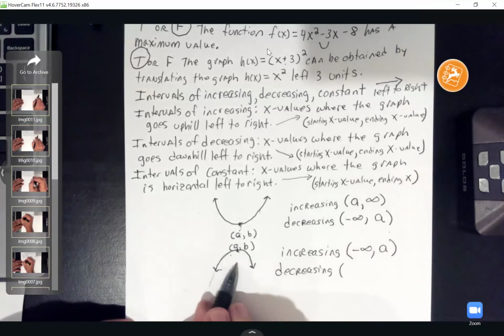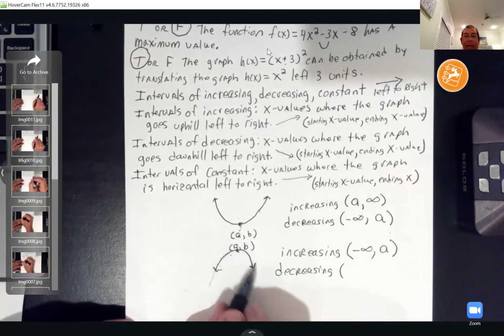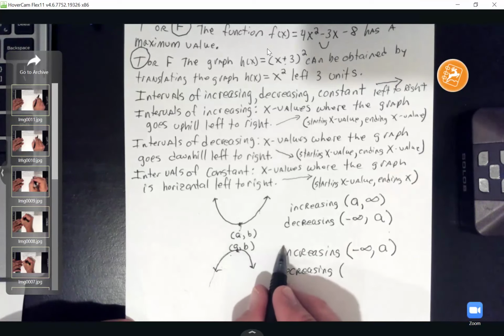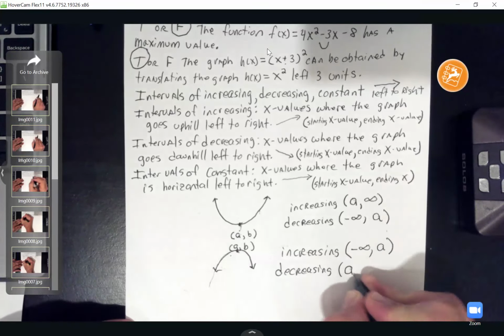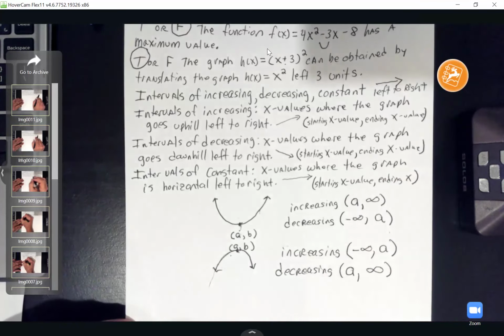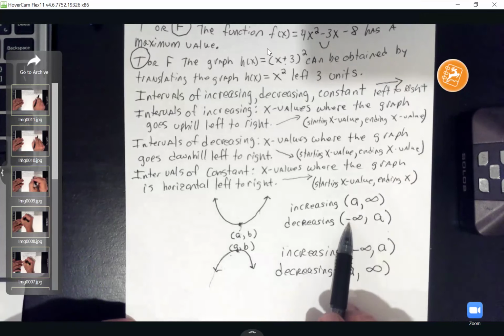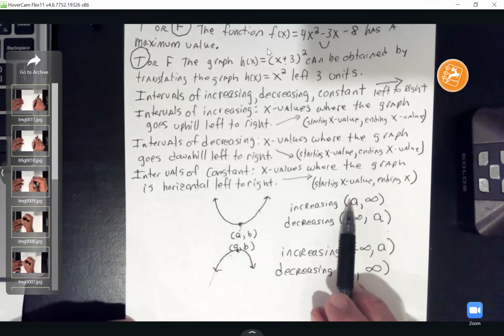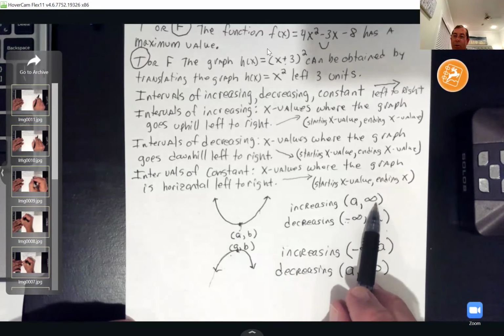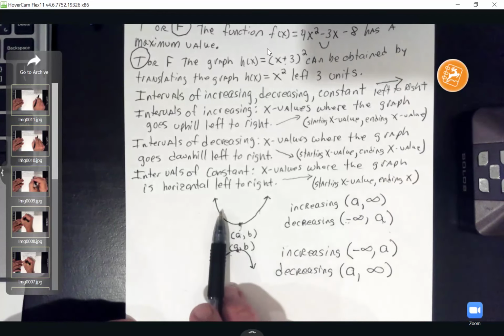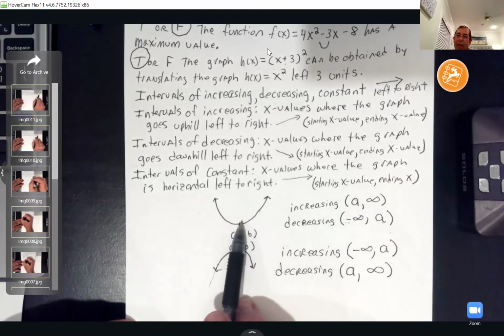What's going to start decreasing at that x value of a, where it's going downhill, and it's decreasing as I head towards positive infinity. So look, on your parabolas, one will go from negative infinity to that x value. The other will go from the x value to infinity. Both of these have the same pattern. It's just figuring out, are you looking at a minimum or a maximum there, okay?